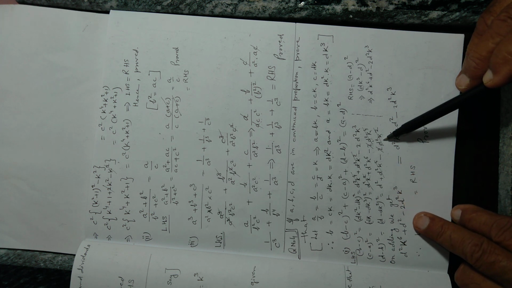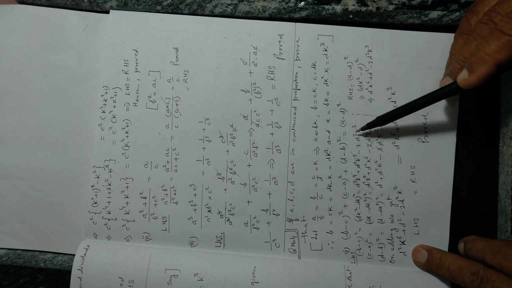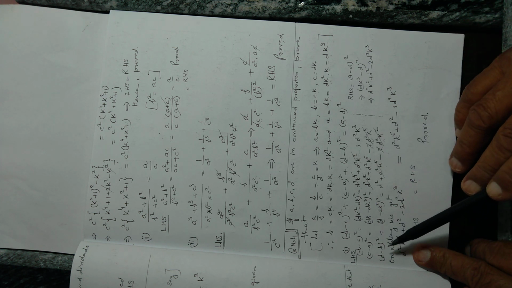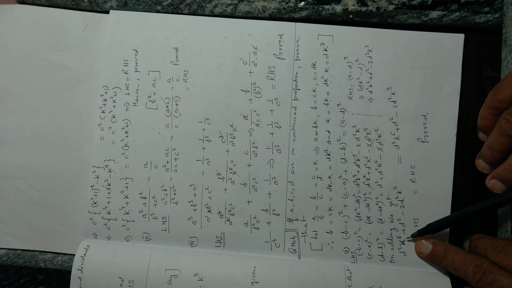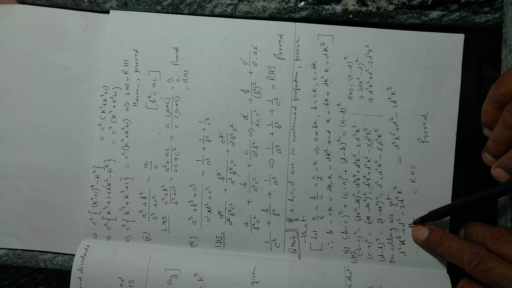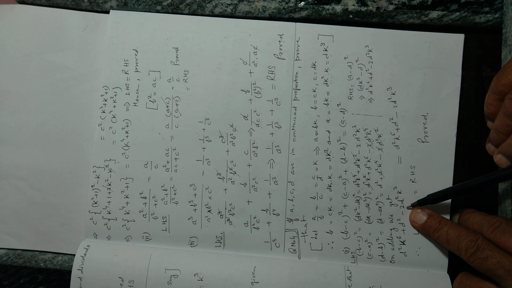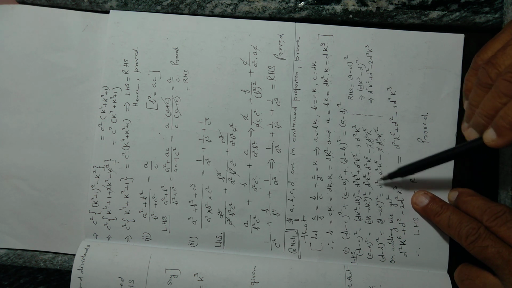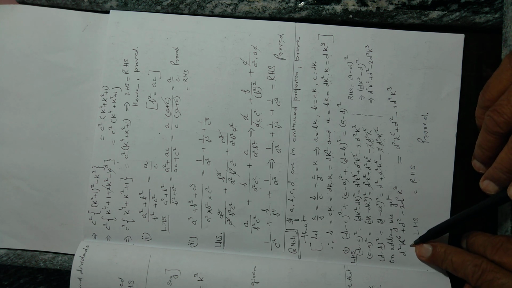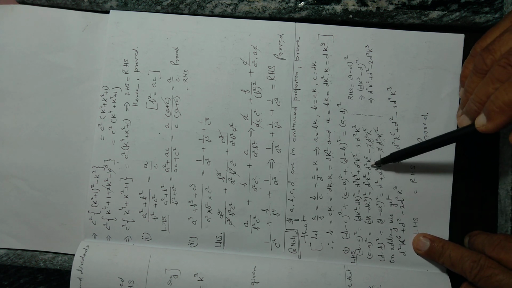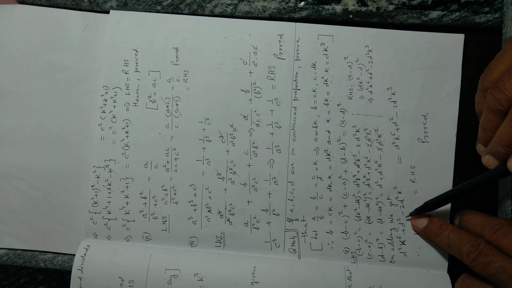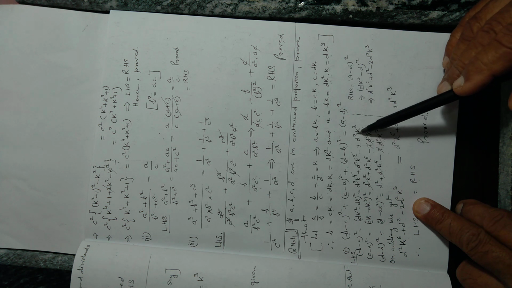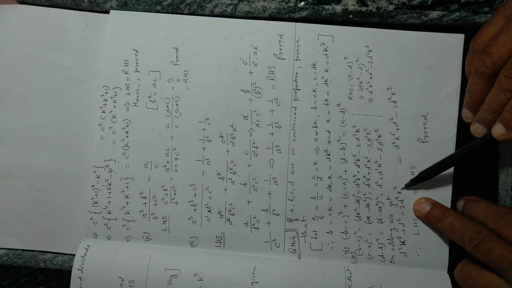So after cancelling and adding these three terms, we get d square k raised to power 6 plus d square minus 2d square k cube. You see d square k raised to power 6, d square as it is, minus 2d square k cube as it is I have written here.